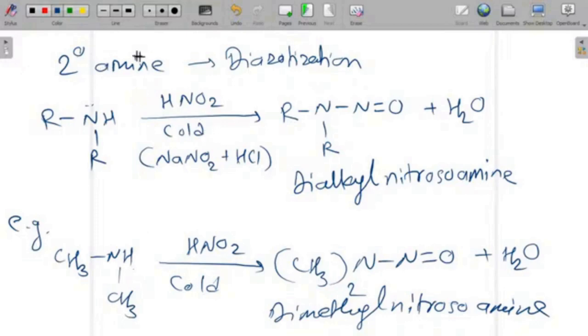And what is the reaction with tertiary amine? We have seen primary and secondary amines which are aliphatic in nature, R groups. Now we'll see the reaction with tertiary amines. Diazotization with tertiary amines. If you see the tertiary amines, there is absence of hydrogen atom.